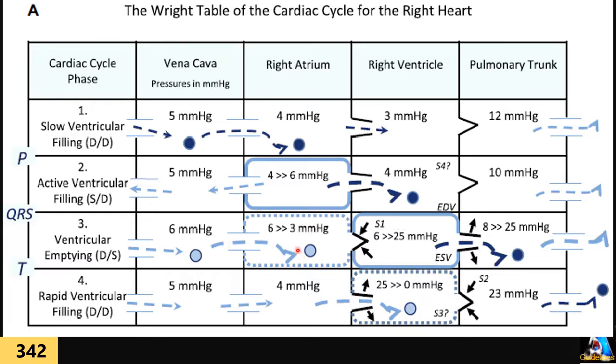But the tricuspid valve is closed, and pressure in the right ventricle goes higher than pulmonary pressure, so blood goes from the right ventricle to the pulmonary artery. Finally, we have rapid filling of the right ventricle, which corresponds to after the T wave.